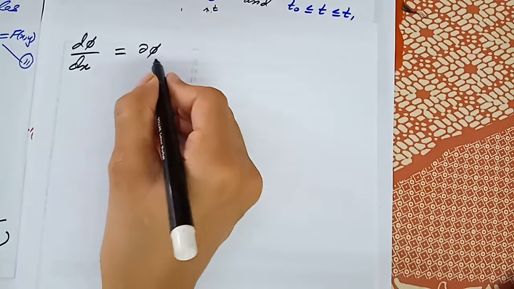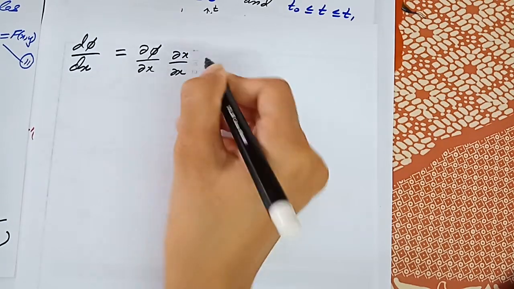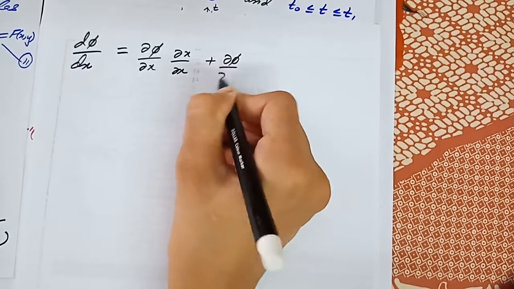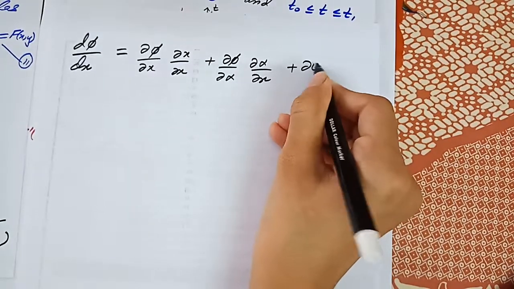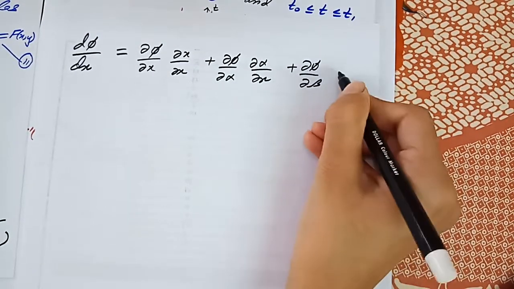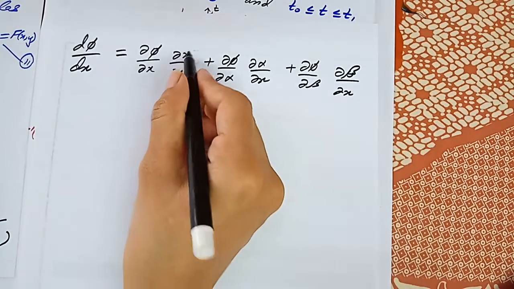So d phi over dx is going to be partial phi over partial x times partial x over partial x, plus partial phi over partial alpha times d alpha over dx, plus partial phi over partial beta times d beta over dx. So this partial x over partial x is going to be 1.